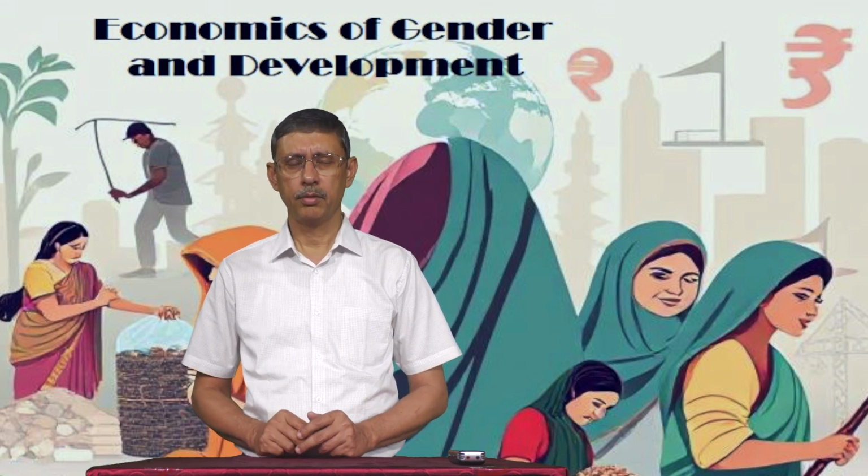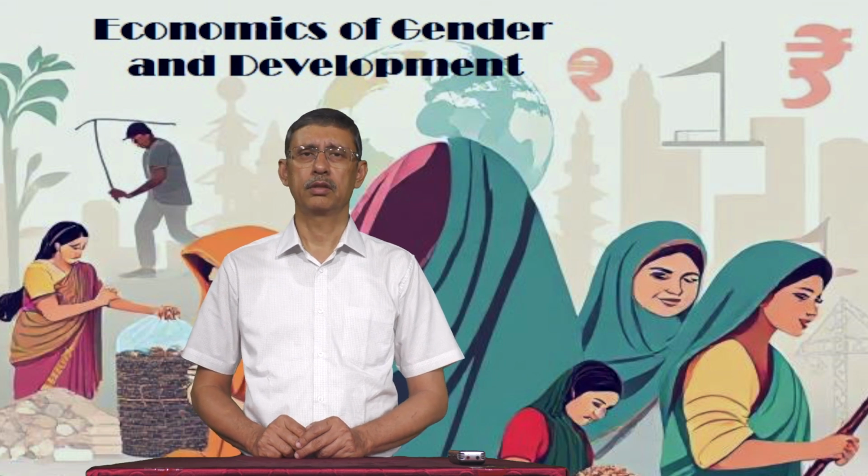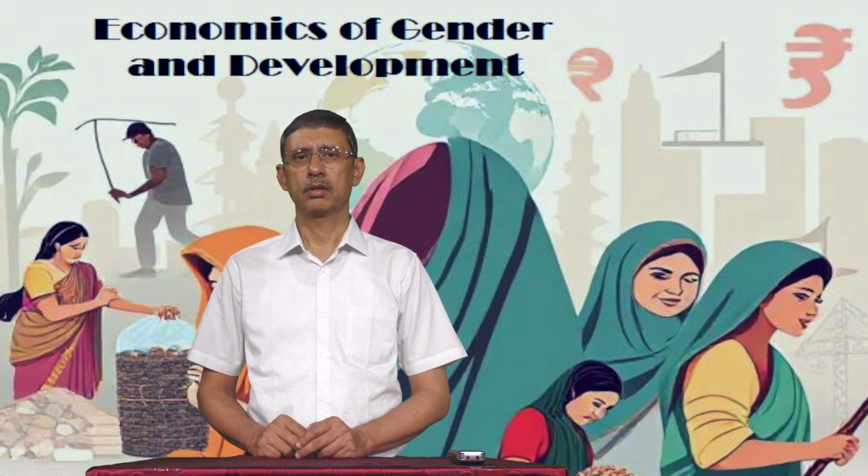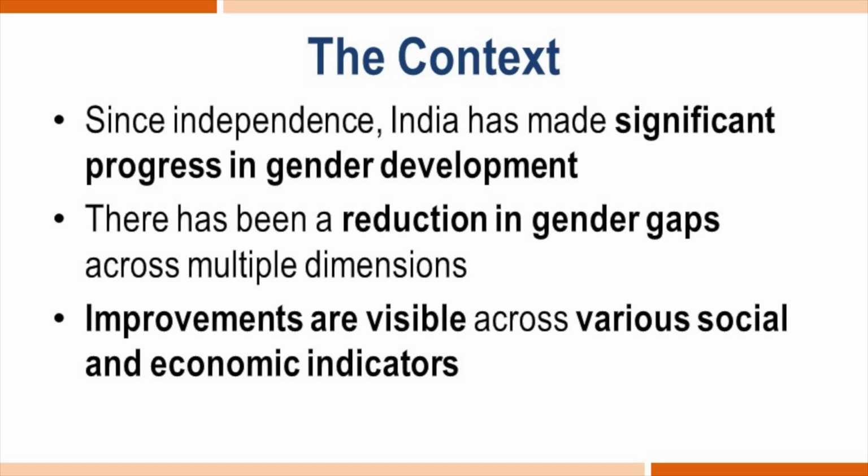Let me give you a context for this discussion. If you look around, then you will see that India has made significant progress in gender development since independence. We have a number of visible dimensions and indicators where we get to see improvements very clearly, and these improvements are on the fronts of social as well as economic indicators.